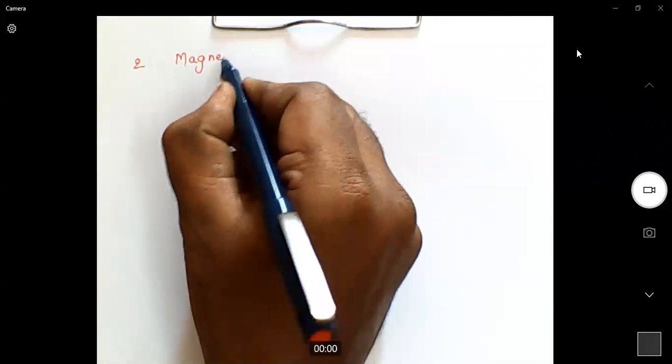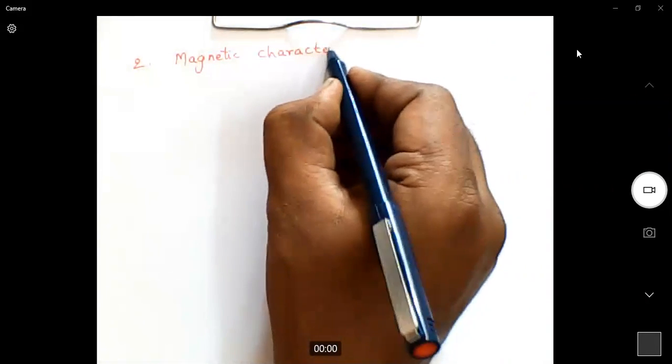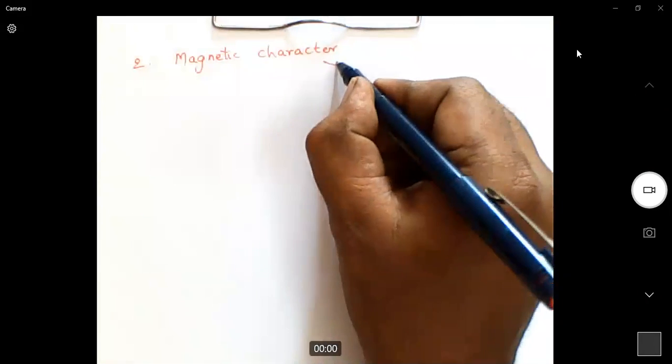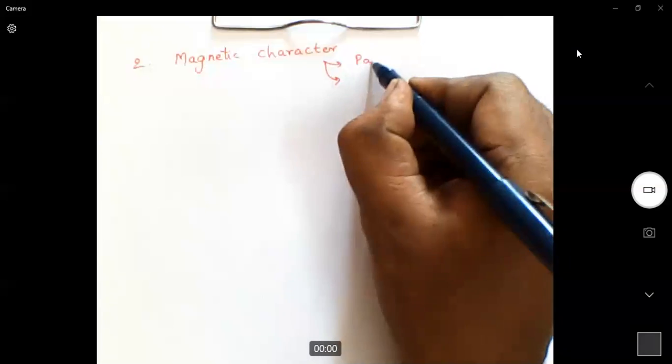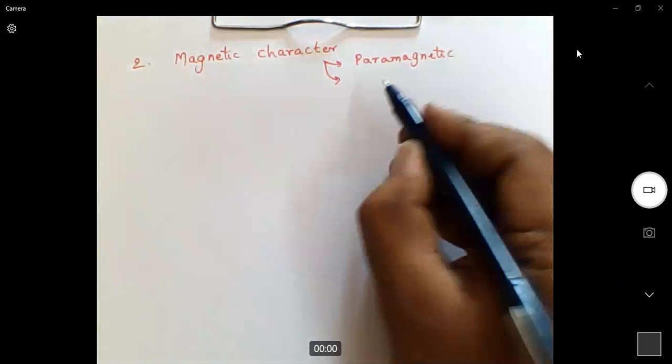The second point we must infer from the MO diagram is its magnetic character. The two magnetic properties we can infer from MO theory are whether it is a paramagnetic material or a diamagnetic material.